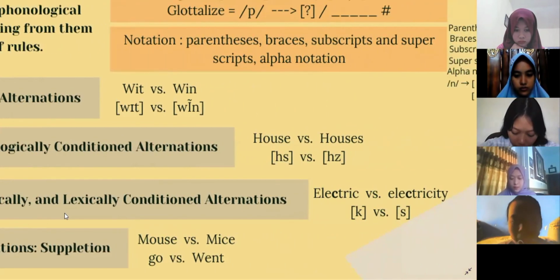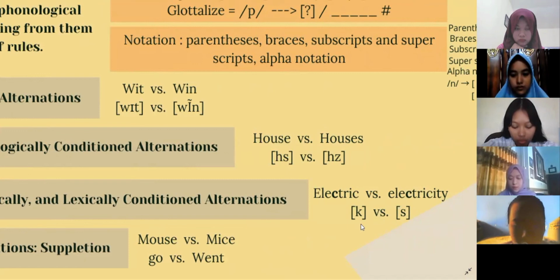The velar stop or k sound in electric is fronted and fricativized to an alveolar fricative s in electricity before a high front vowel segment, which is I in the derivational morpheme or suffix -ity. Electric is an adjective, while electricity is a noun.